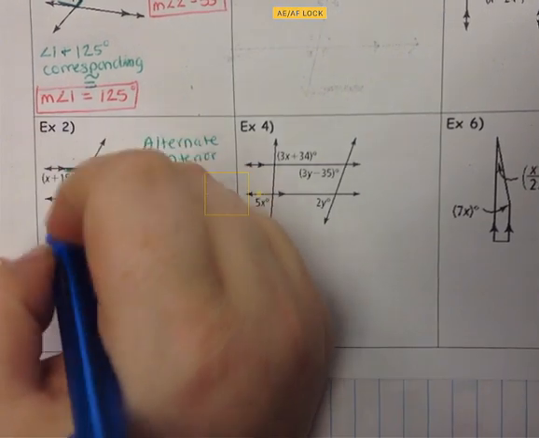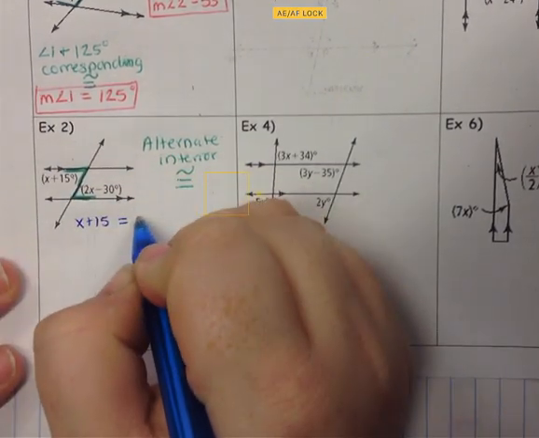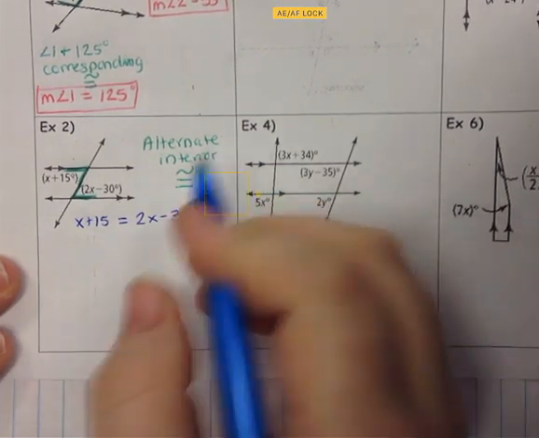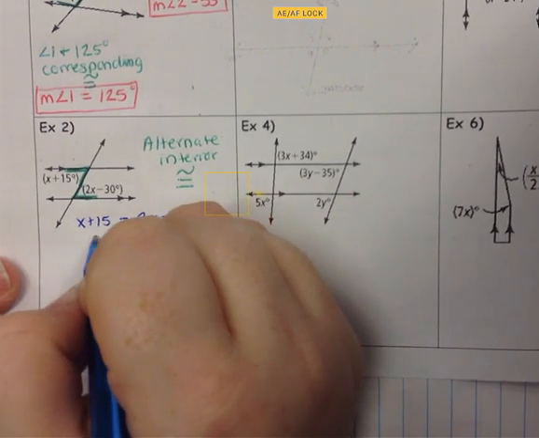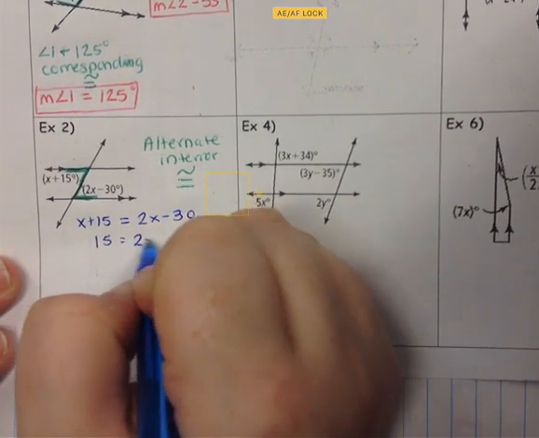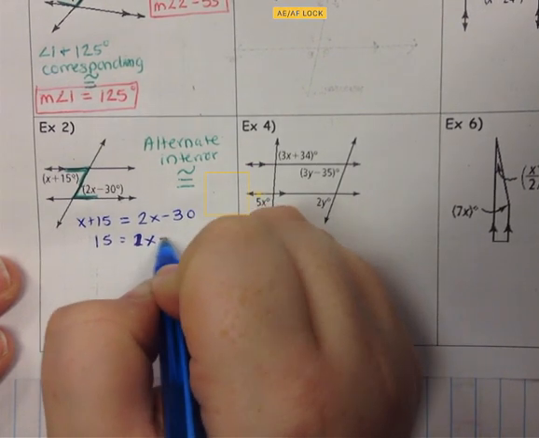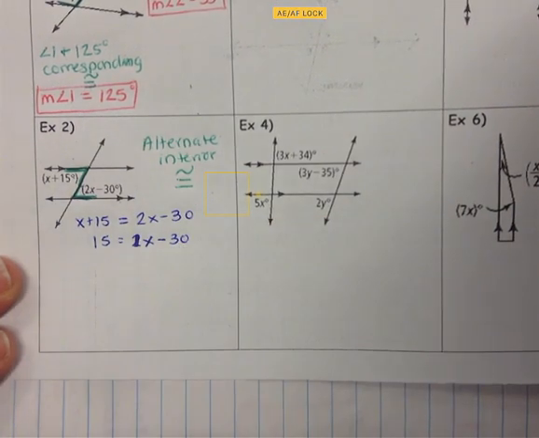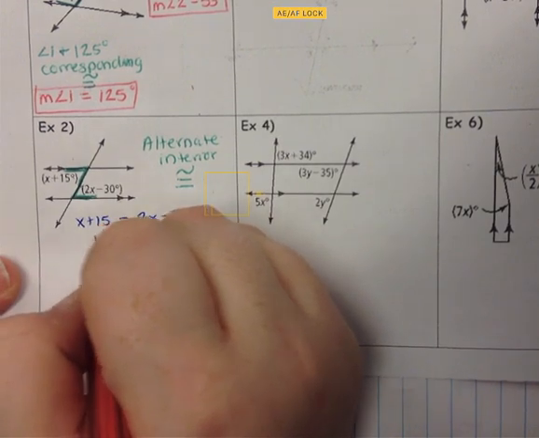So we have x plus 15 is equal to 2x minus 30. If we were to solve this, we would subtract the x over, so we'd have 15 equals 2x, subtract the x would be a 1x, minus 30. Then we would want to add the 30 over, so we'd end up getting x is equal to 45.